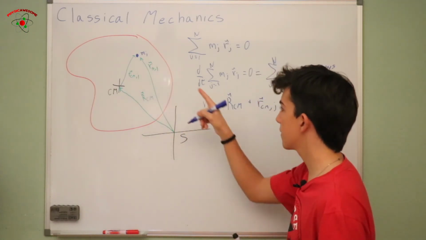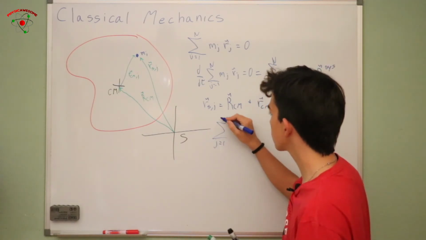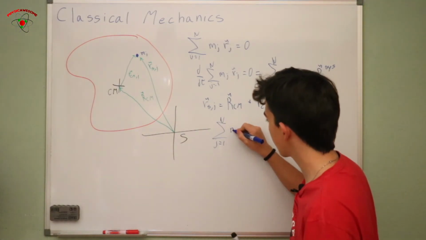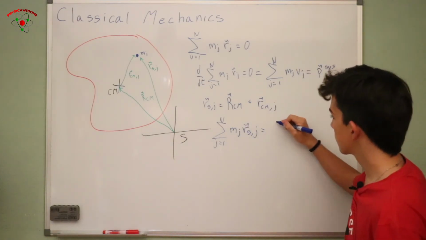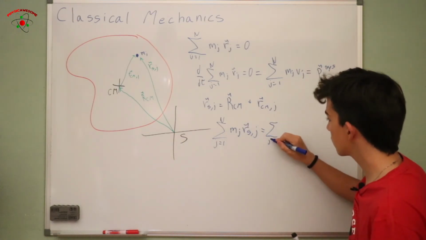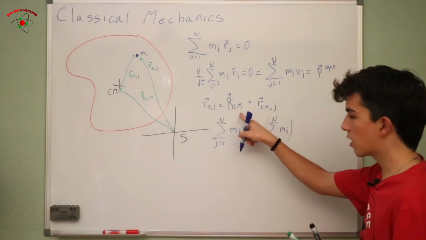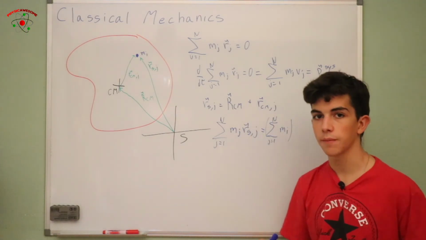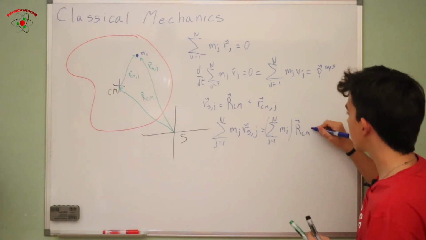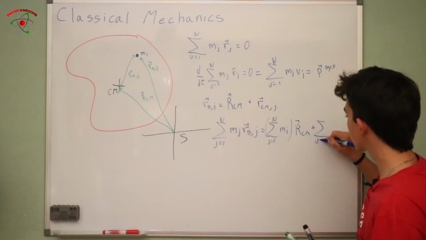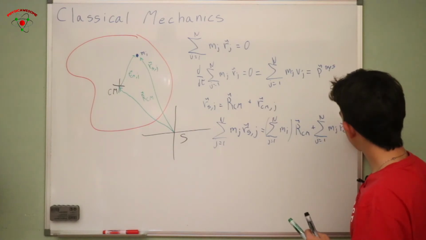If we multiply by the mass of each object and do the sum, we get the sum from j equals 1 to n of m_j r_s,j equals the sum from j equals 1 to n of m_j, and R_cm doesn't contribute to this sum, it's just a multiplicative factor out of it, plus the sum from j equals 1 to n of m_j r_cm,j.